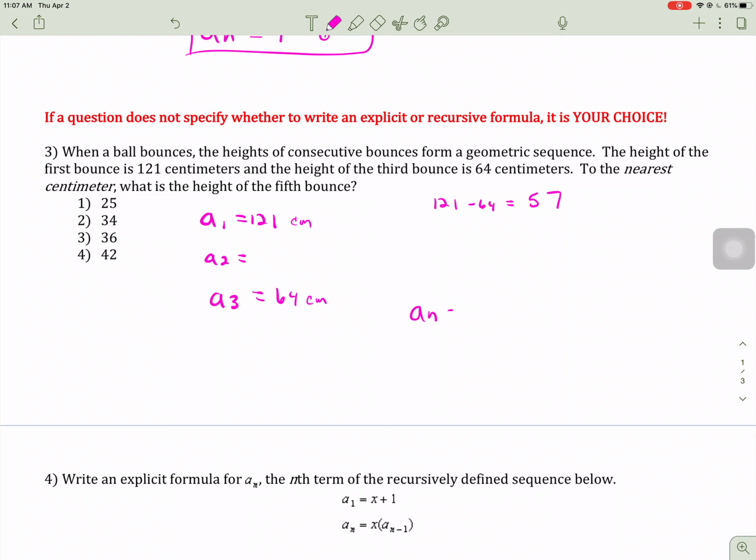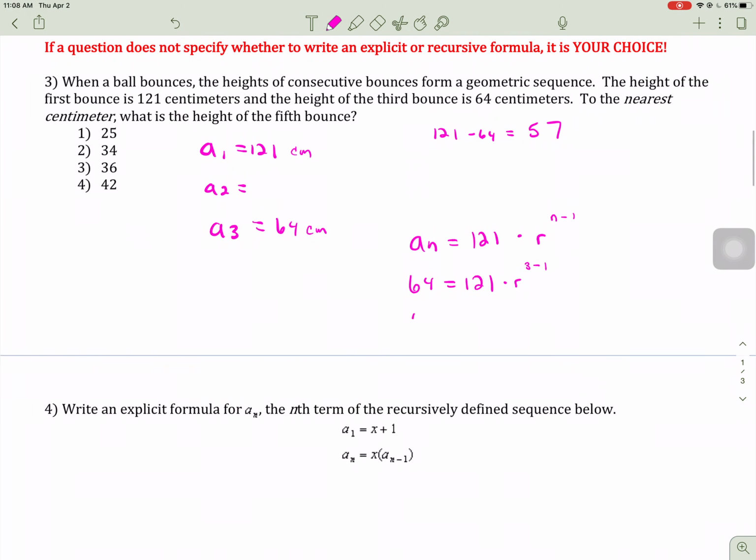So we get a sub n equals 121 times r to the n minus 1. So a sub 3: 64 equals 121 times r to the 3 minus 1, which is 64 equals 121 r squared.